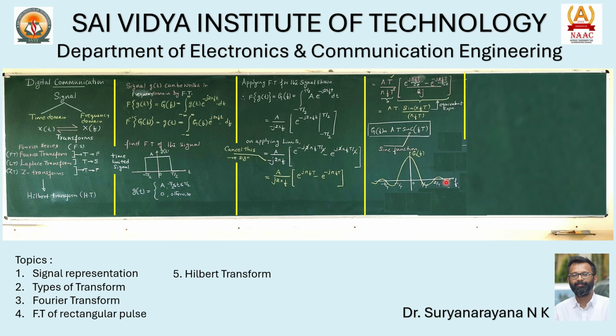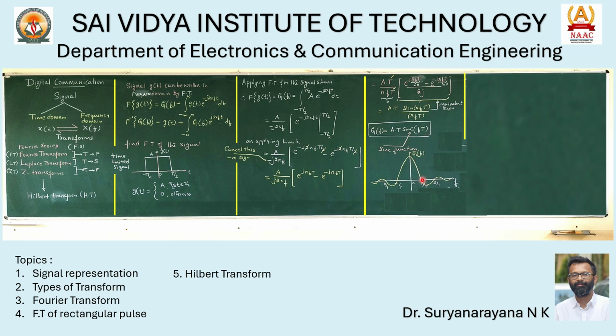Now for various values of f, we are going to analyze the amplitude of the signal. For f is equal to 1 by T, if I consider T into 1 by T here, we are going to get sin pi.